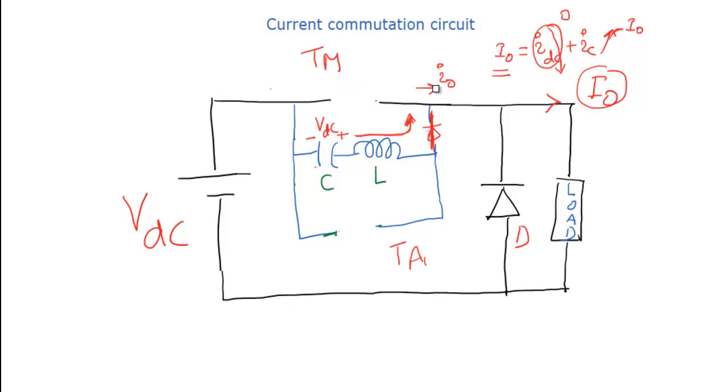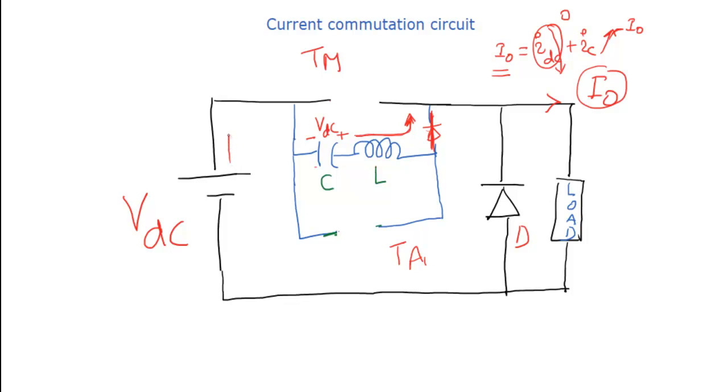Now you can see that the load is not disconnected from the source. It is still connected through the tank circuit and diode. Okay, but what is the difference here? We see the main thyristor is turned off, but the current is now flowing through the auxiliary thyristor, diode and tank circuit.